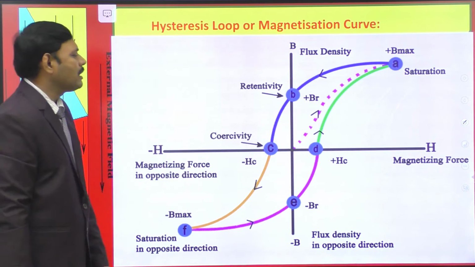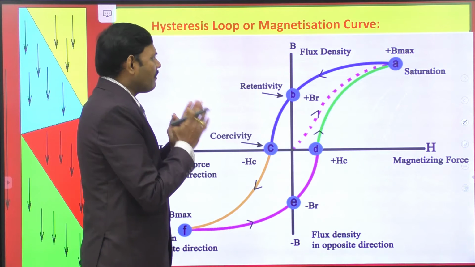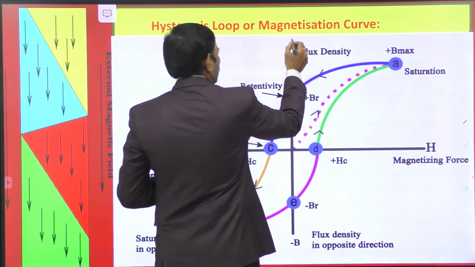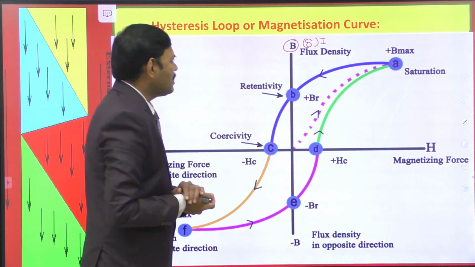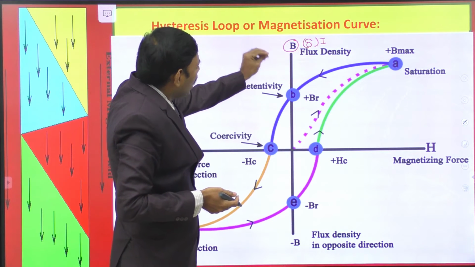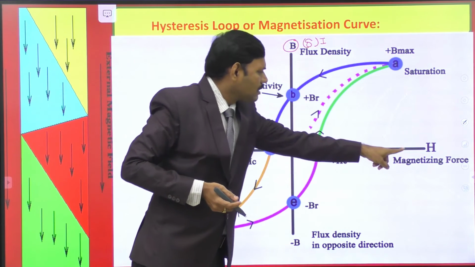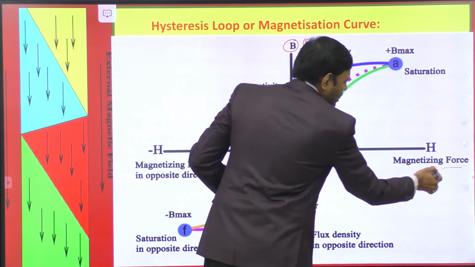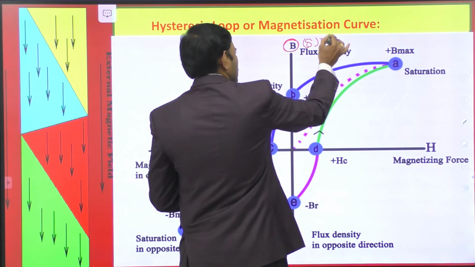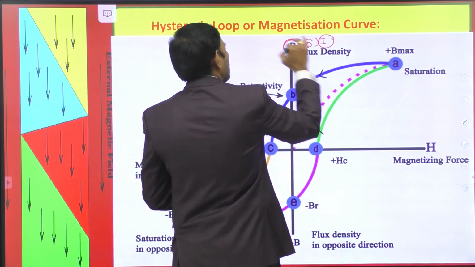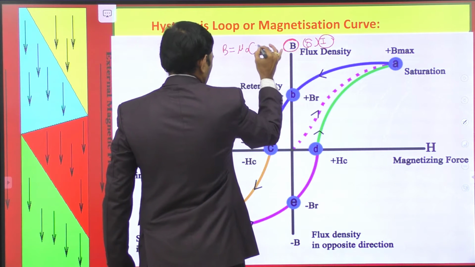In this image, you are observing the hysteresis loop. The hysteresis loop shows the variation of B or I, where I means the intensity of magnetization, with the applied magnetic field. This is the magnetizing force. As the intensity of magnetization increases, the magnetic flux density B also increases, because B is related to I. The relation is B equals mu naught into (I plus H).